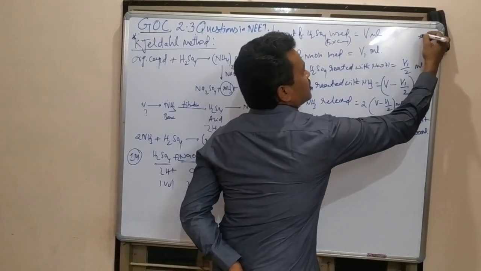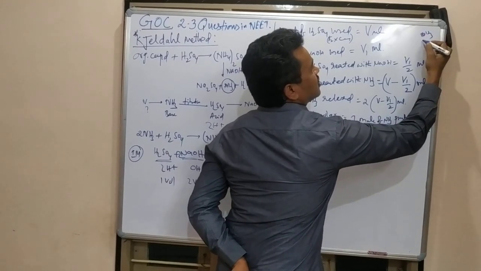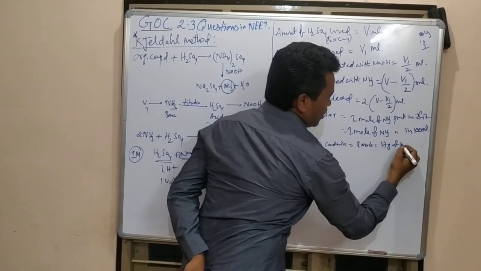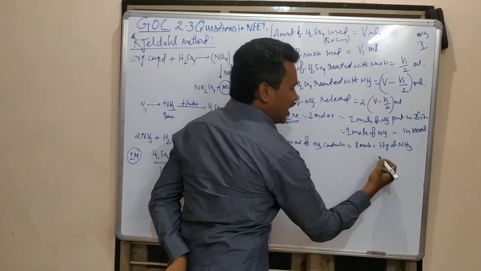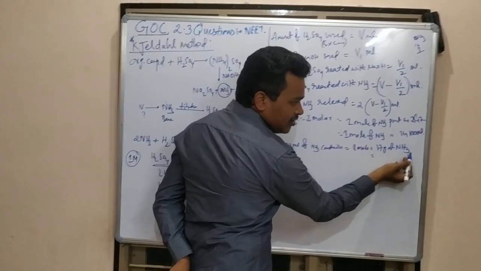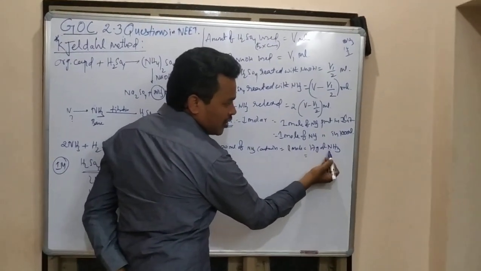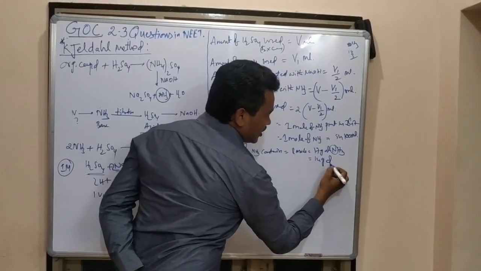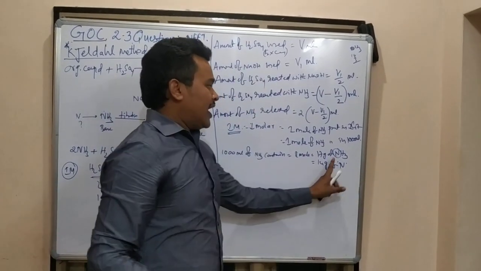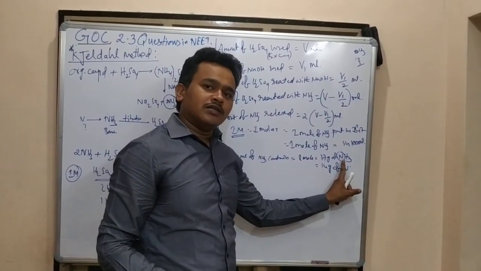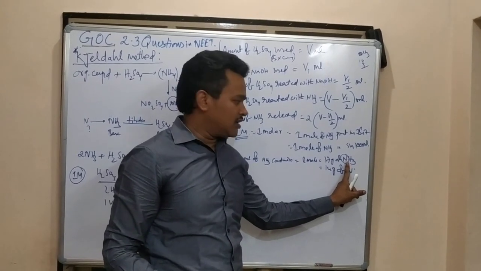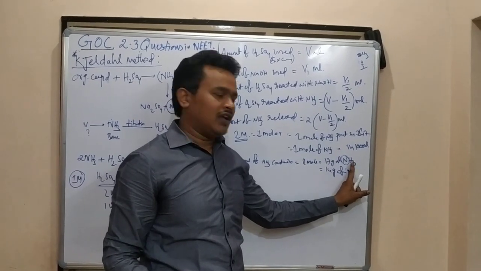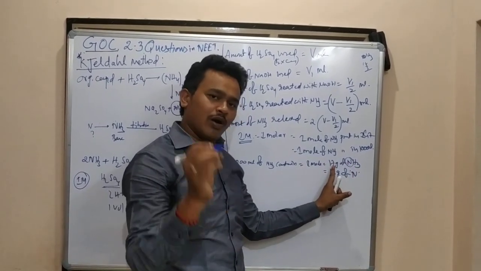Now 1 mole of NH3 means how much? 1 nitrogen and 3 hydrogens. Nitrogen atomic number is 7, atomic mass 14, so 14 plus 3 is 17 grams of NH3. But I don't want that. Hydrogen atomic mass is 1, 3 into 1 is 3.